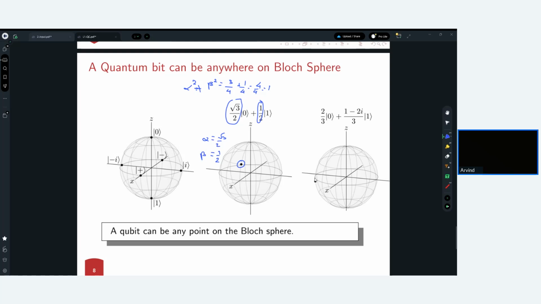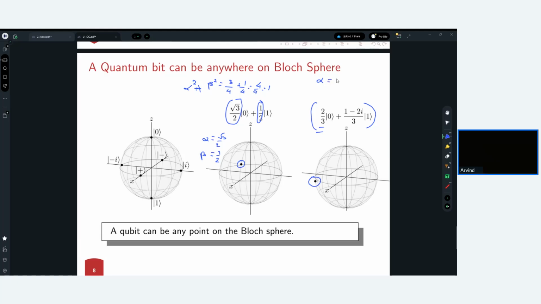Similarly, here I am denoting another point which is lying on the Bloch sphere and is also a valid qubit state. This point is represented in terms of alpha and beta.